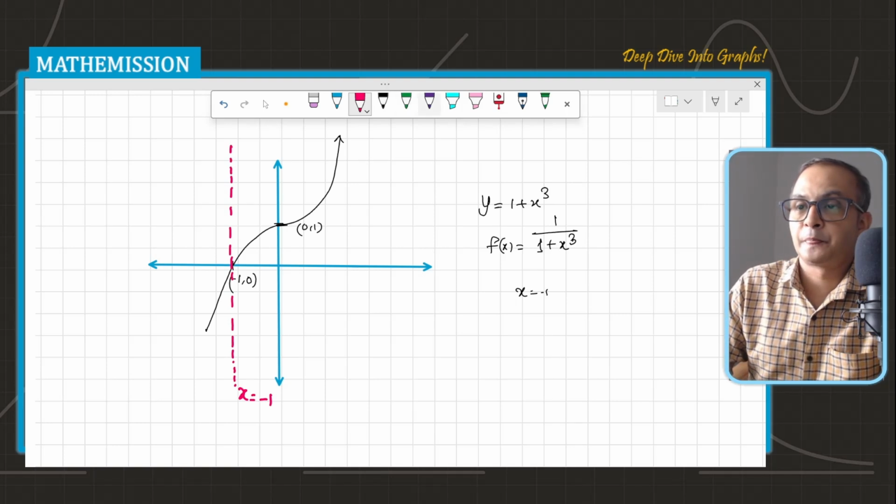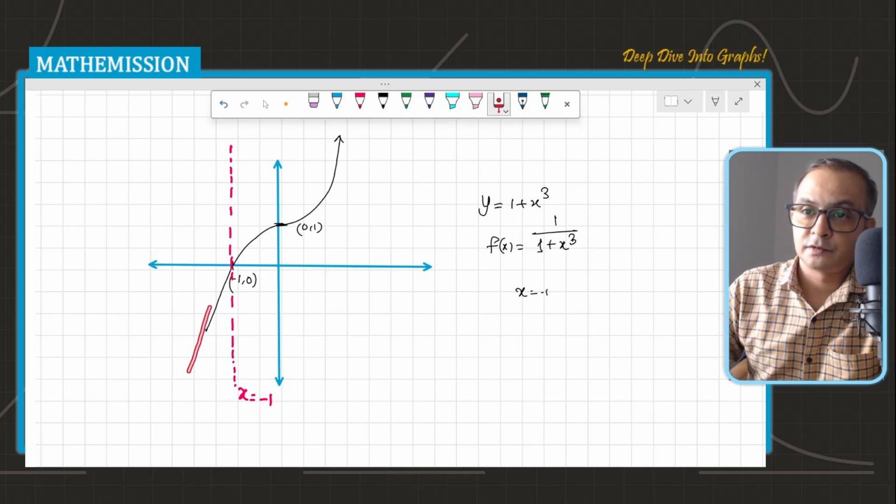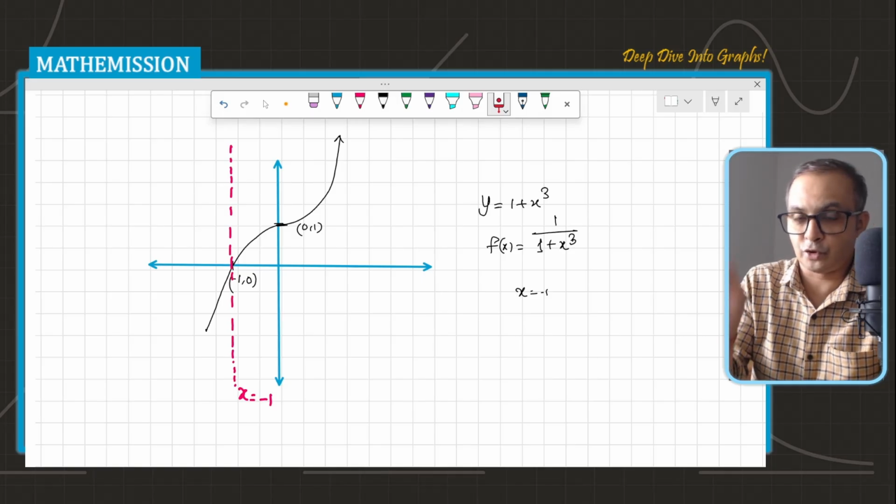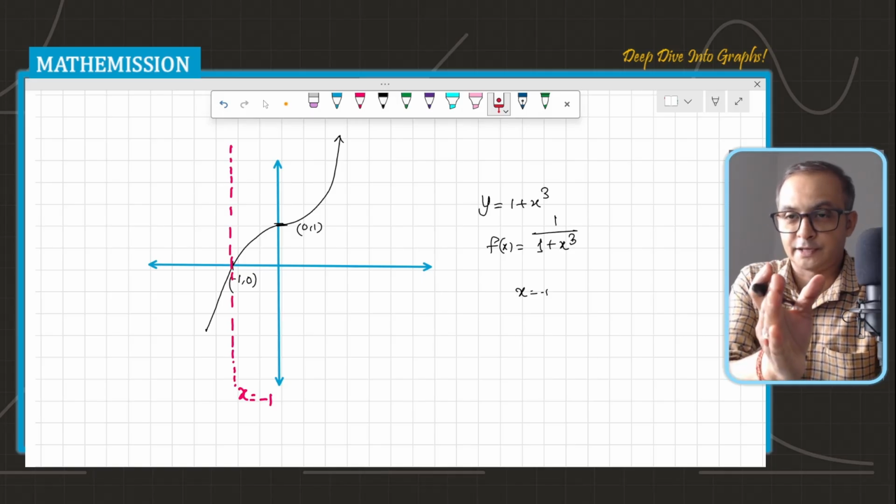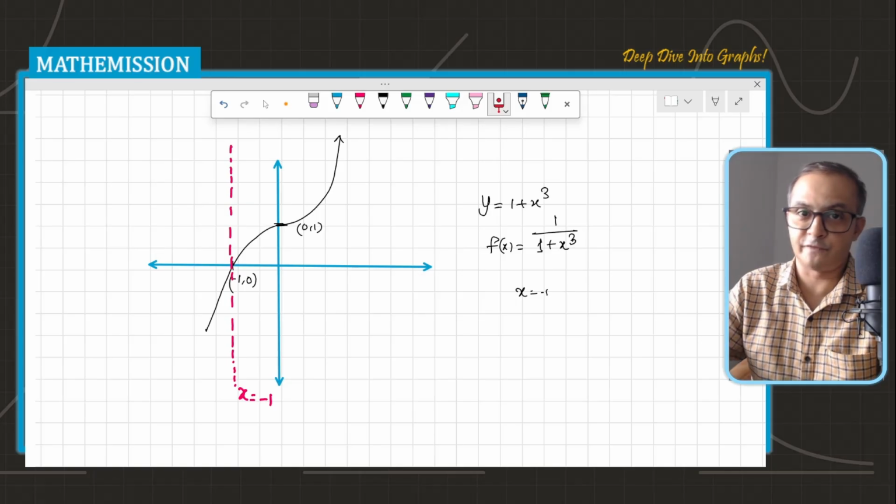So you can see that from -infinity to this part, the graph is still increasing. So we have to draw the graph differently left of the asymptote and right of the asymptote.